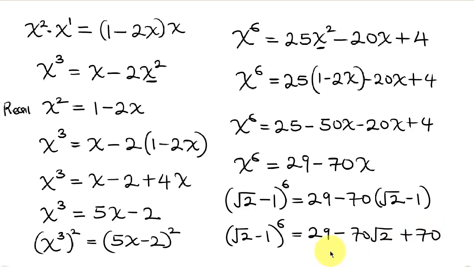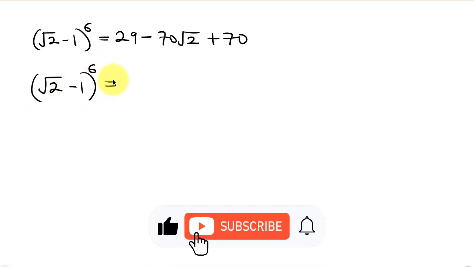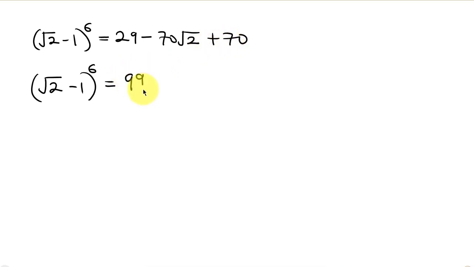Very good. So now let's add up like terms. So we have the square root of 2 minus 1 all raised to the 6 equal to, now 29 plus 70 is 99, minus 70 root 2. Very good. So the square root of 2 minus 1 all raised to the 6 is equal to 99 minus 70 root 2. Very good.